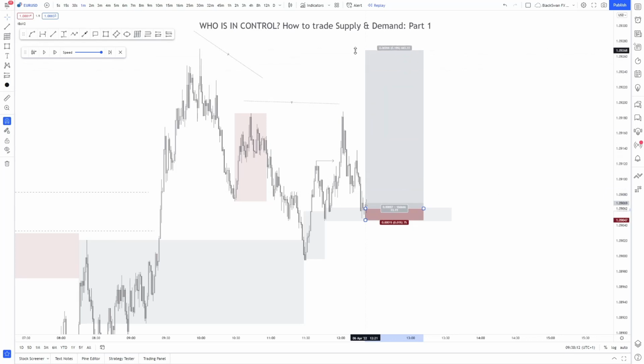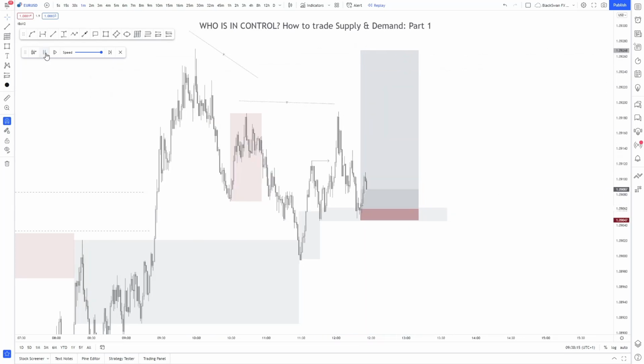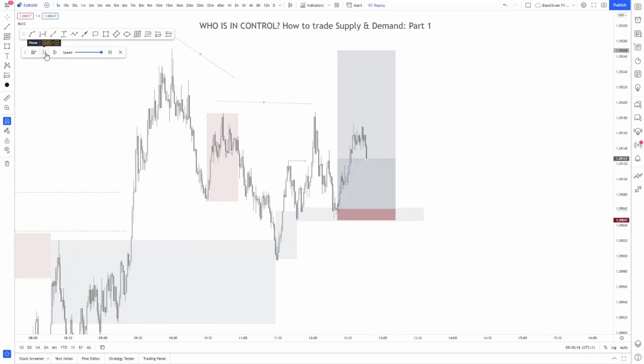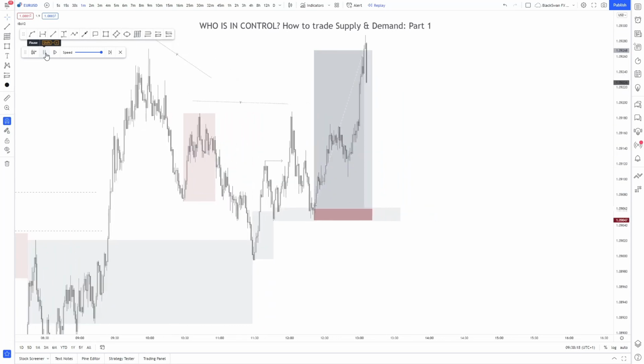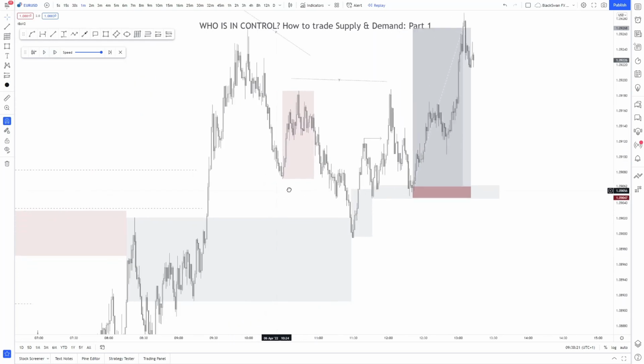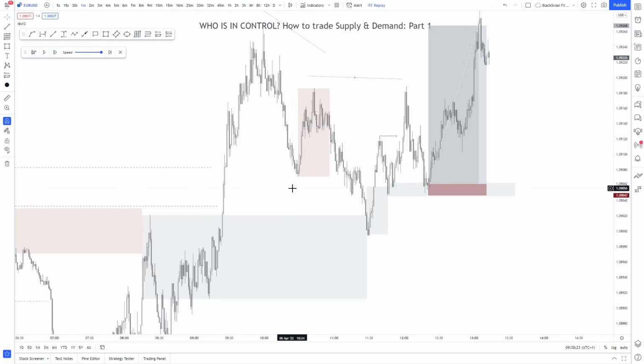Around here, took most of the volume off, and yeah, that's how I use supply and demand. Obviously, there's some slightly more advanced bits there, what we'll get into, but for now we were just covering the basics.